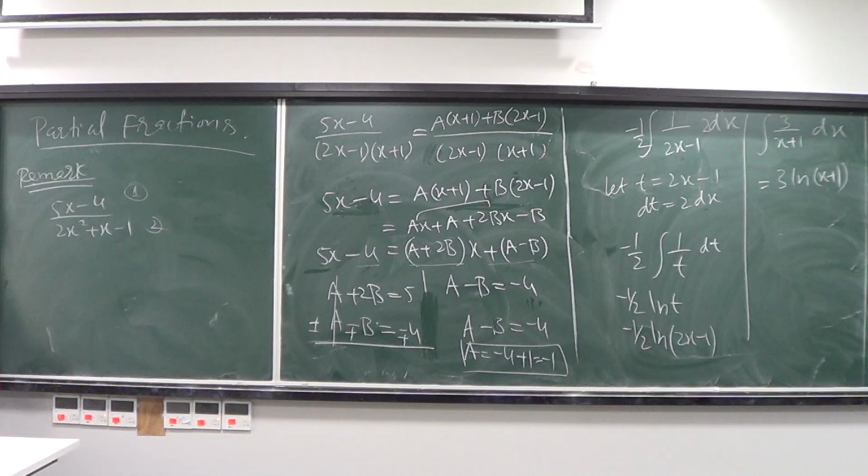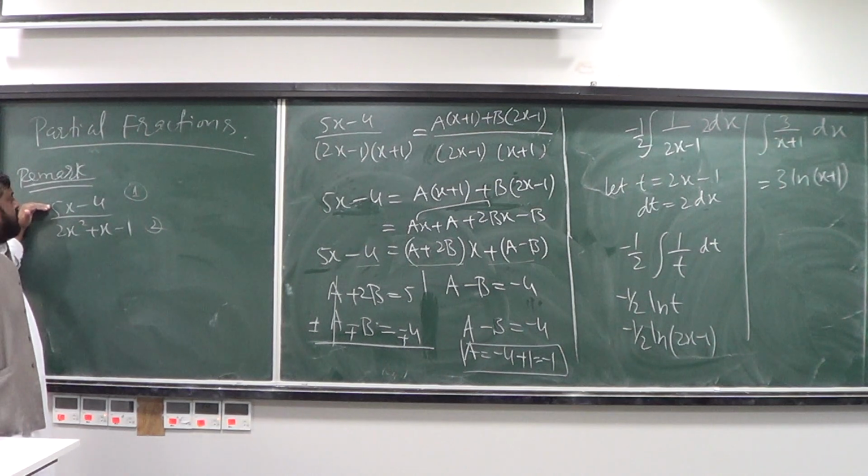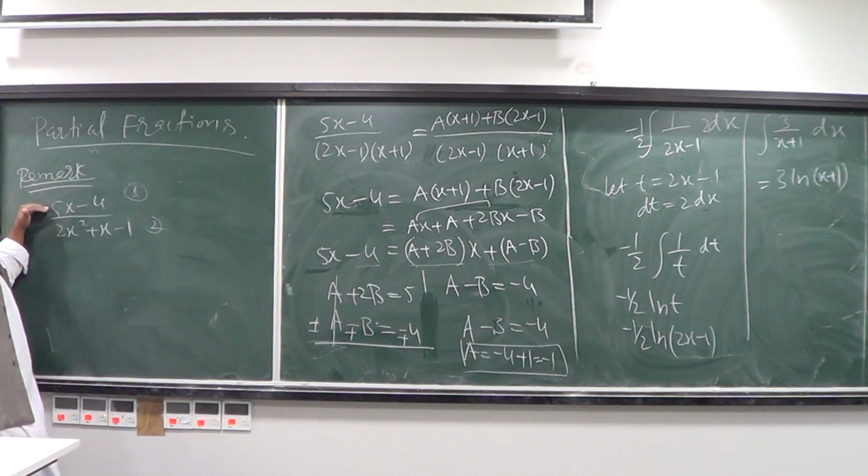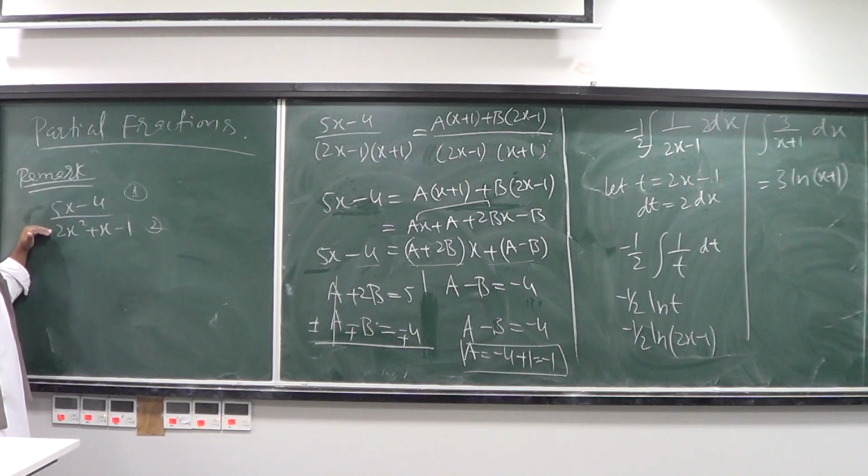This trick would always work if the degree of the numerator is smaller than the degree of the denominator. So you can have a quadratic in the numerator and a cubic in the denominator.